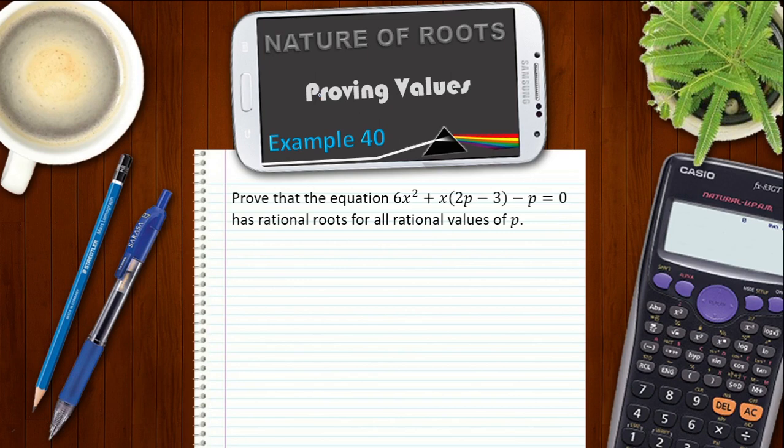So remember, we're also going to have to start by putting it in standard form, and this is already in standard form. We have our a value as 6, b value of this as this, and our c value is minus b. Then we also have our keyword. So it says this will have rational roots, for all rational values of b.